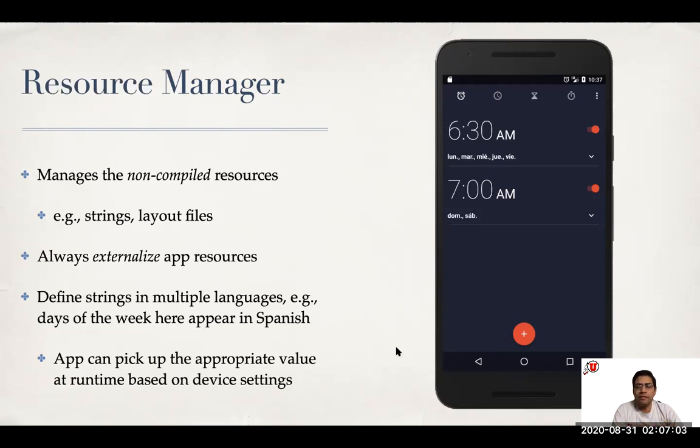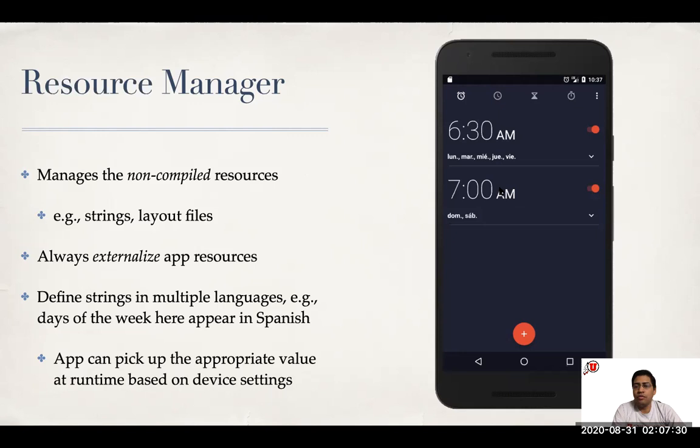Whereas if you choose to go with externalizing the resources as we have done here, you can basically create different string files and just have them contain the string resources appropriately. And then based on the device configuration, that is what language the device is using, your app chooses the appropriate language.